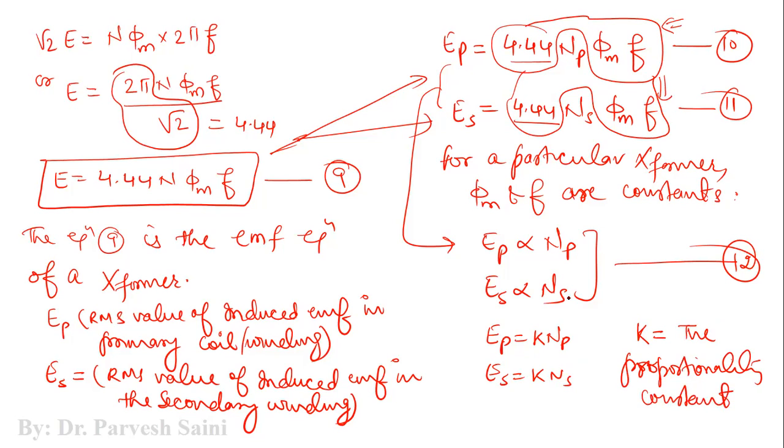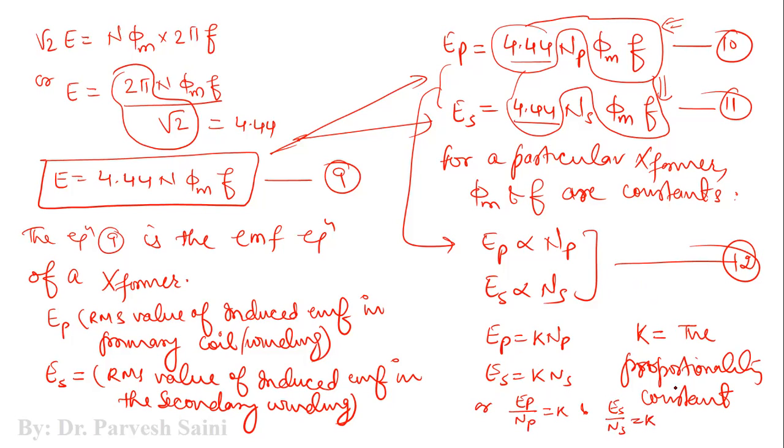So EP is equal to K NP and ES is equal to K NS. Or you can write EP by NP is equal to K, and ES by NS is equal to K.